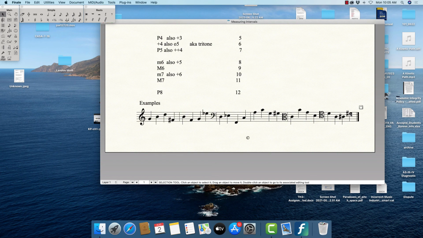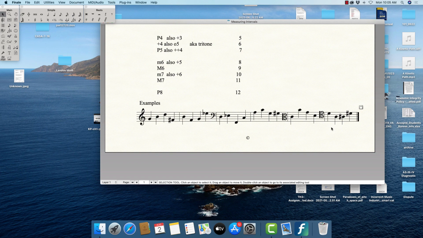We don't know what type of 4th yet, but we'll have to check that out. Now we've got a D and an A, so we're going to use A. This one is going to be a perfect 4th because if you look at A and its key signature, there would be a D in that scale. So this is a descending perfect 4th.